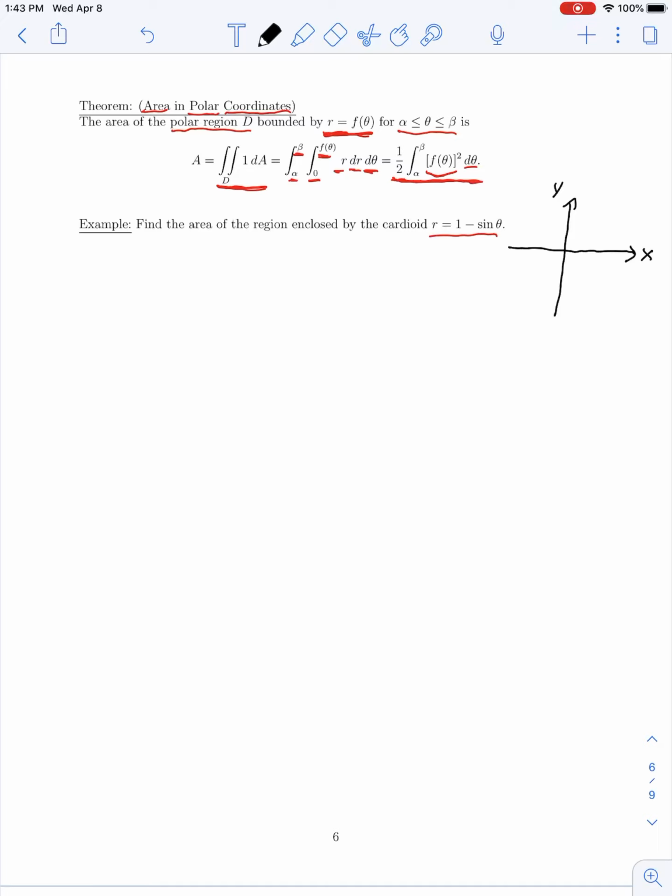So when theta is 0, we have 1. When theta is pi over 2, sine of pi over 2 is 1, so r would be 0. When theta is equal to pi, we have 1 minus sine of pi, which leaves us 1.